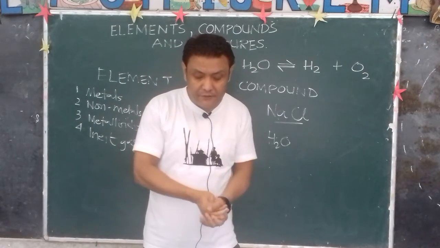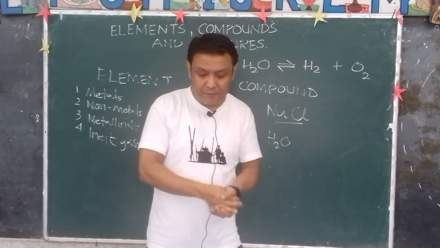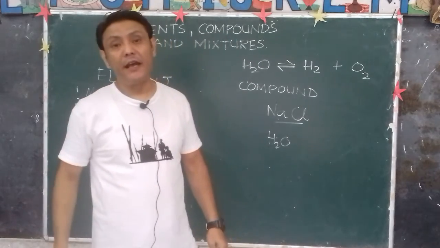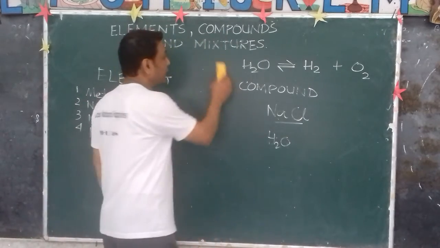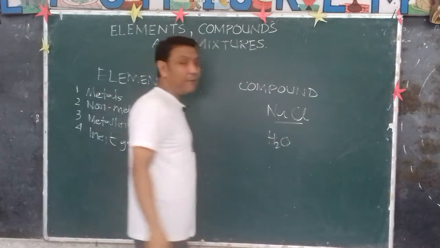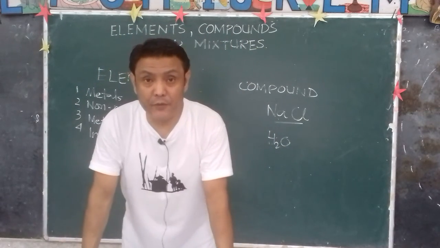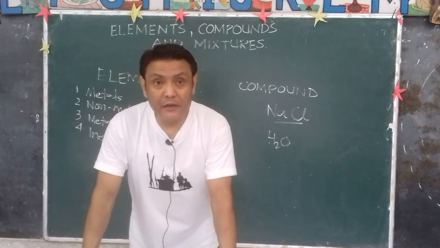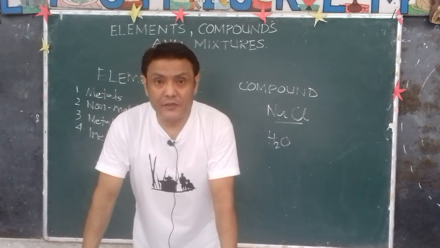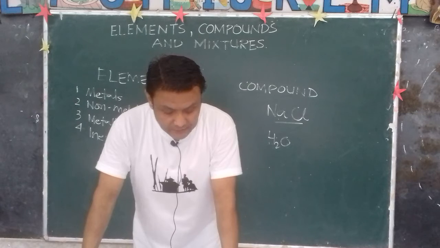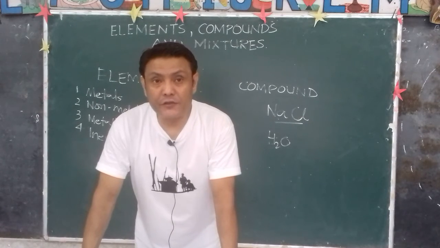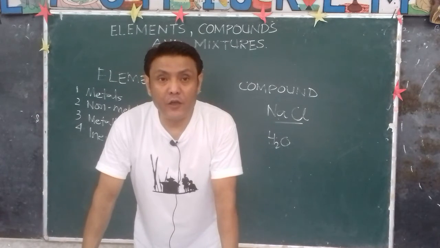So when a compound is formed, energy is usually given off or absorbed. When there is a formation of a compound, obviously it's a chemical reaction, and there are two types of chemical reaction that we have already done earlier when we studied the chapter on physical and chemical changes. The two types of chemical reactions are exothermic and endothermic.